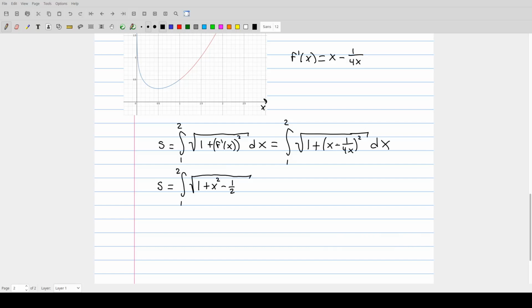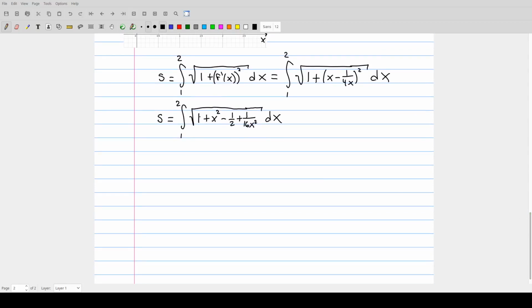I'm really just foiling out this square that we have here. And then lastly you have plus 1 over 4 squared, which is 16 x squared.